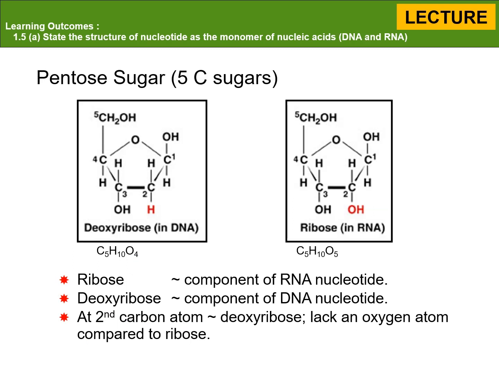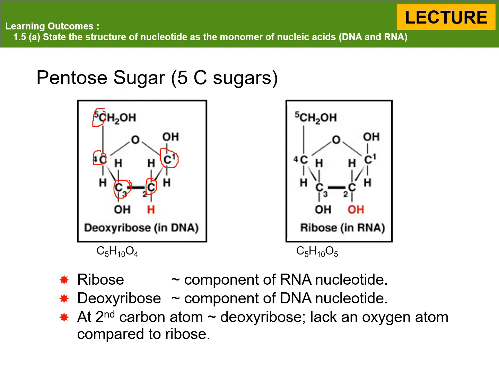Pentose sugar is a 5-carbon sugar. From the diagram, you can see carbon number 1, carbon number 2, carbon number 3, carbon number 4, and carbon number 5.